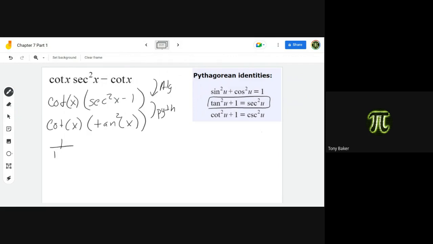So if we change this to 1 over tangent of x, and then tangent squared x, that's reciprocal. So tangent squared of x over tangent of x becomes just tangent of x, and that's algebra.